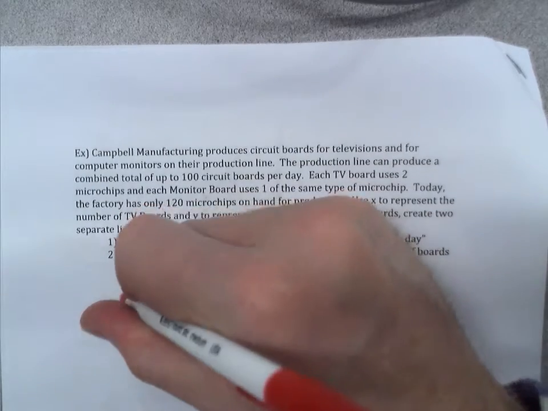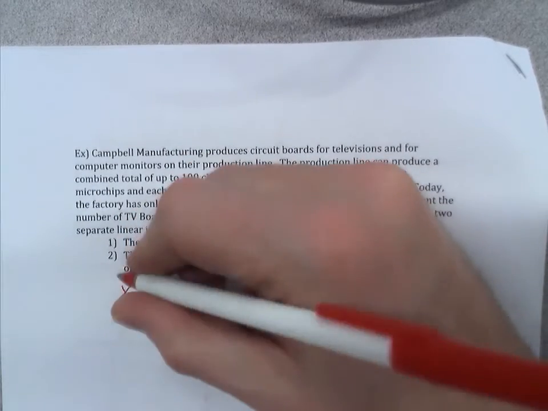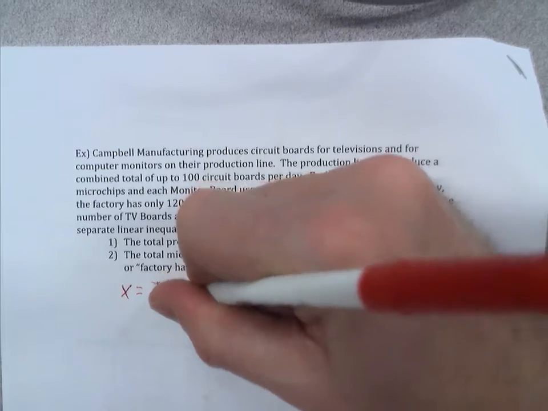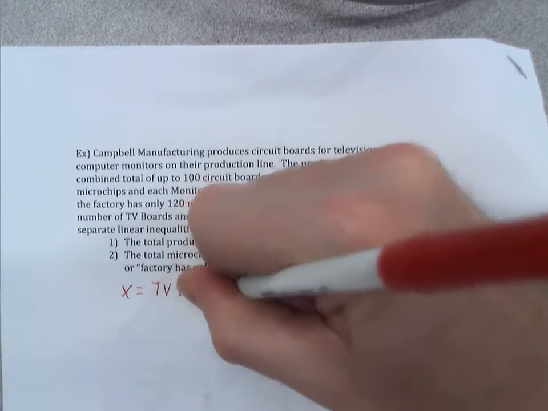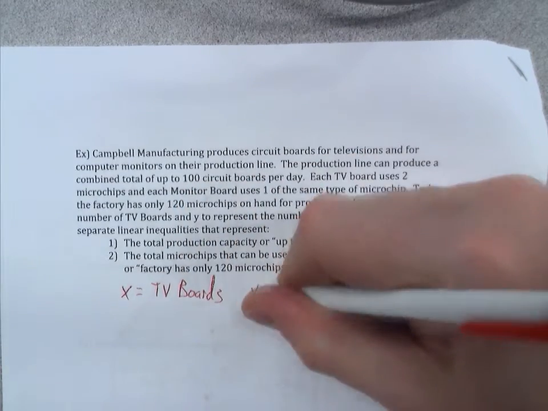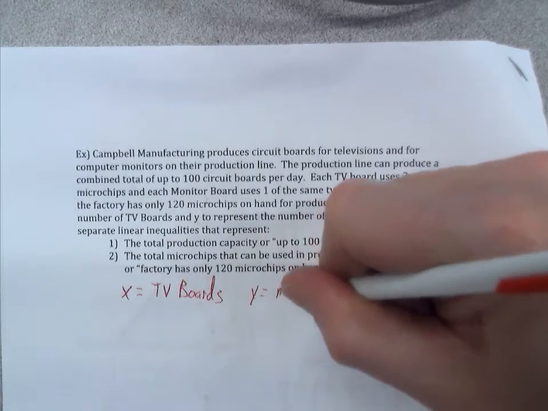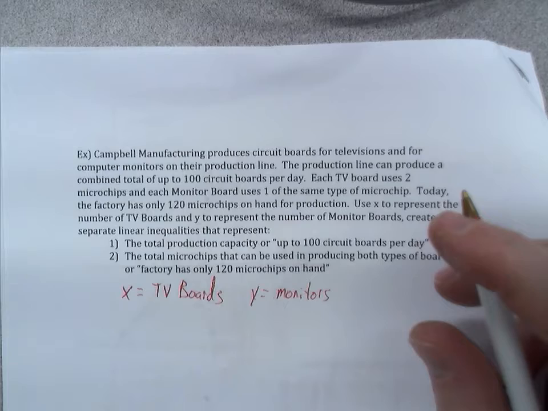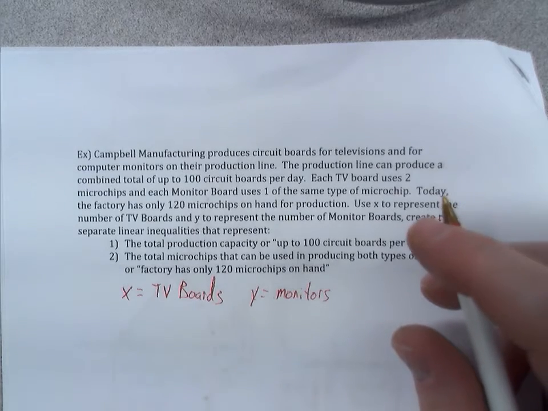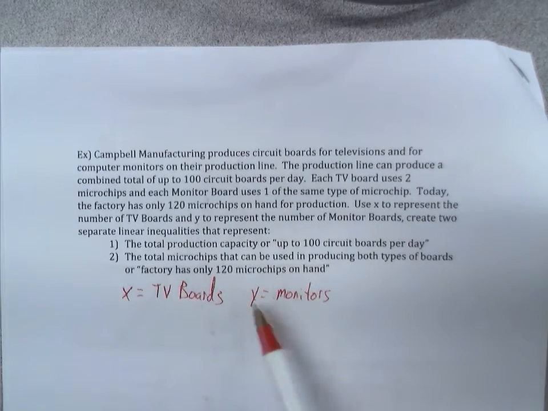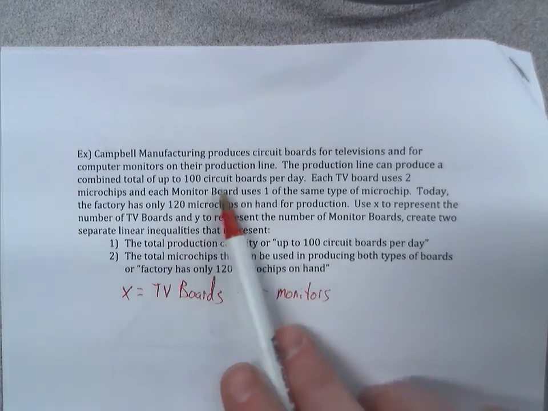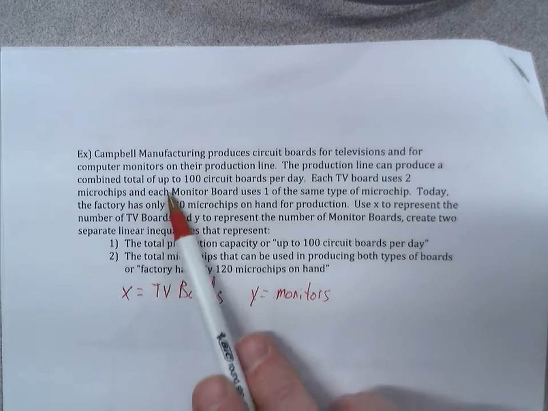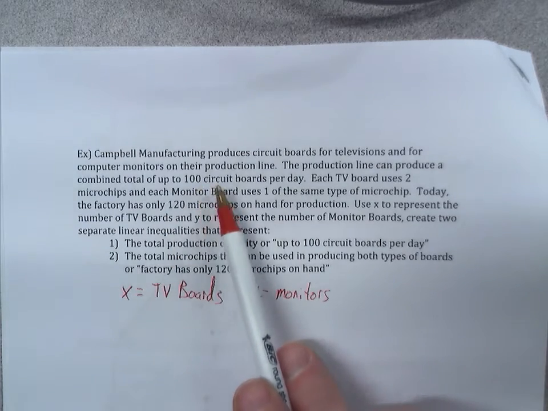So again, let's label our variables. X equals TV boards. Y equals monitors. Okay? And for the first one, we know based on the information that it's being given, the production line can produce a combined total of 100 circuit boards per day.